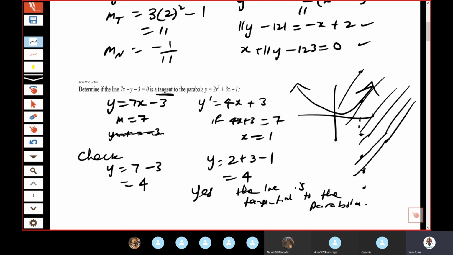So you've got to put that in, and then hopefully you start to think about, okay, now I know the gradient function, but I don't know what the gradient is. But oh, I've got this line, and I can work out the gradient of a line. And then maybe you would have linked it together, and this bit here is where students usually forget to sub it back in to check if the y value is also true for both.